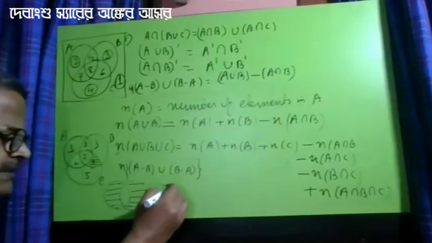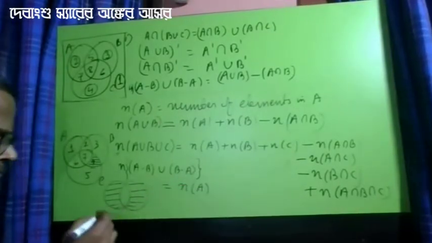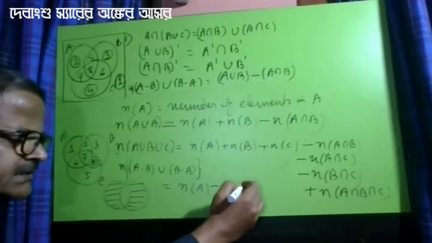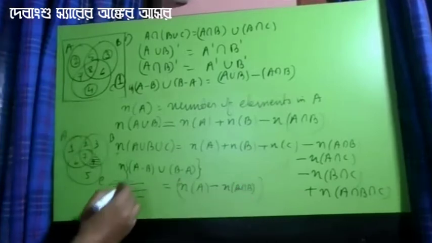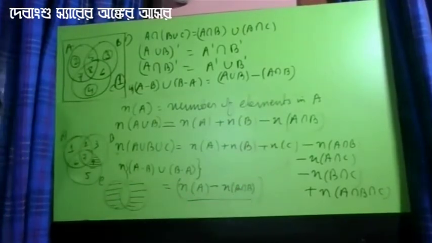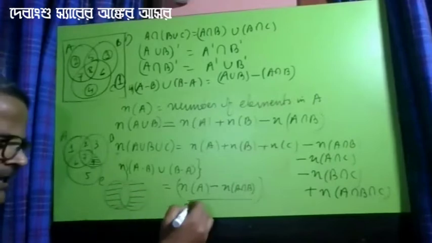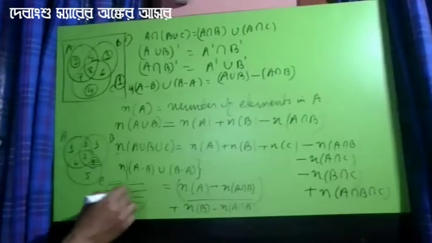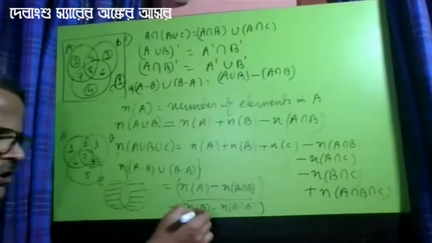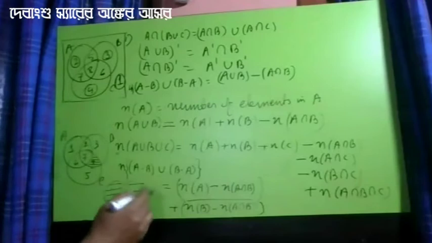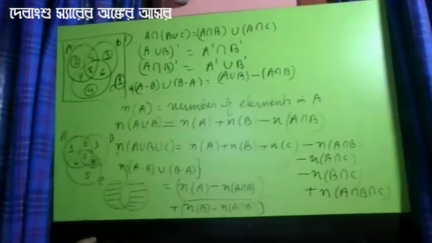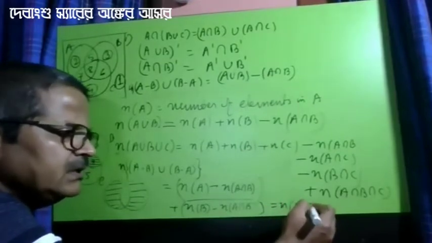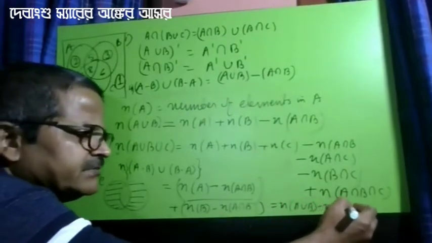So this shows that this portion has n of A minus this, that is n of A intersection B. So this portion is calculated, plus this portion has n of B minus n of A intersection B, because this is an intersection portion. So now if we add these two, you will have the number of elements in this set. After simplifying, you will have n of A union B minus n of A intersection B. Why?